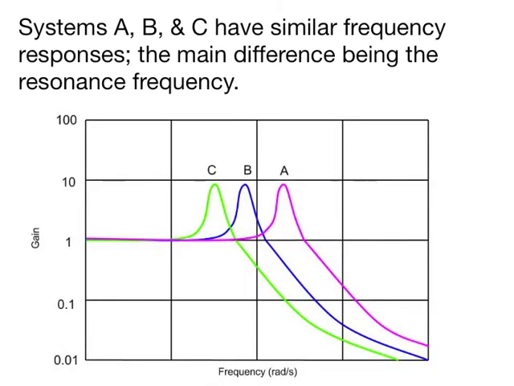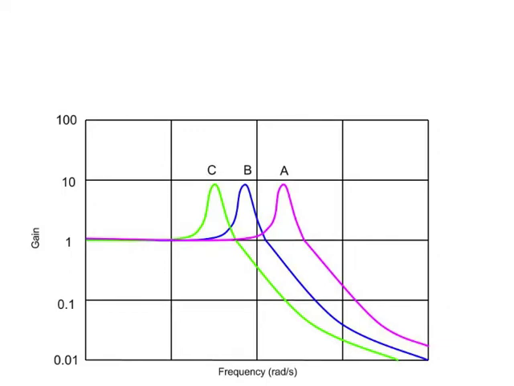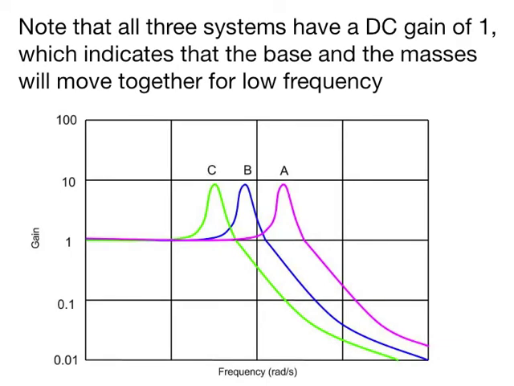The frequency responses of systems A, B, and C are very similar. The main difference is the resonance frequency. System C has the lowest resonance frequency, while System A has the highest. The second thing you'll note is that all three systems have a DC gain of 1, which indicates the base and the mass will move together at low frequency.